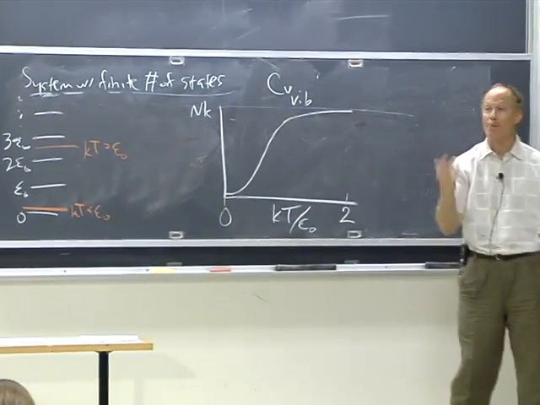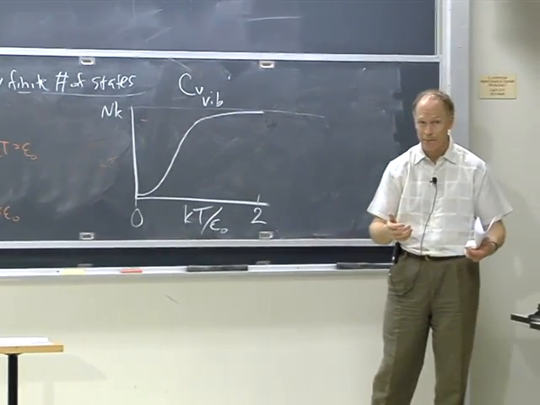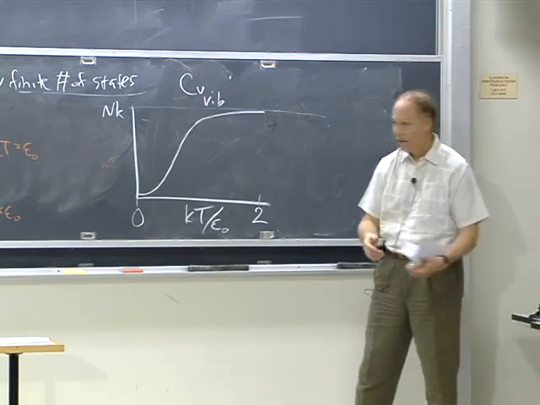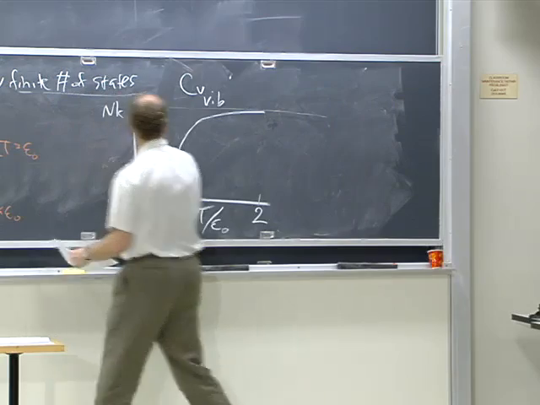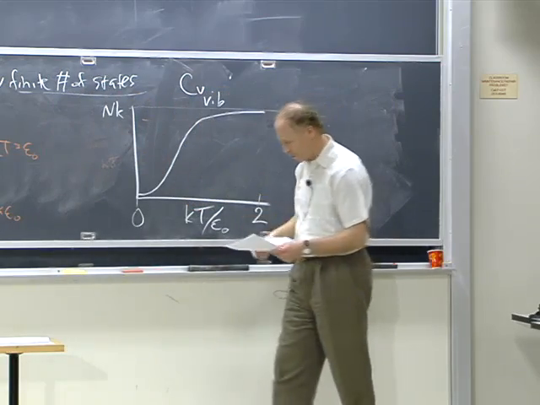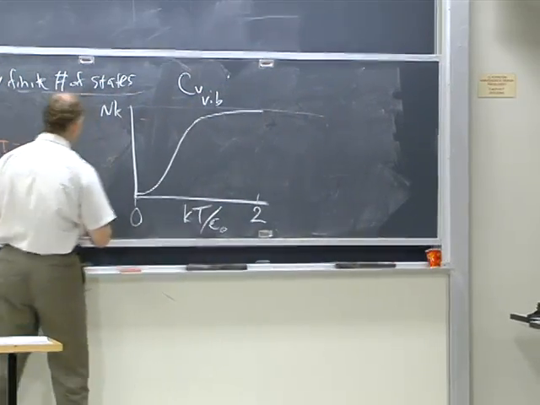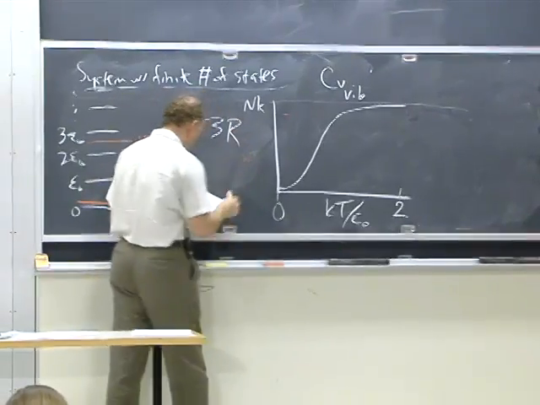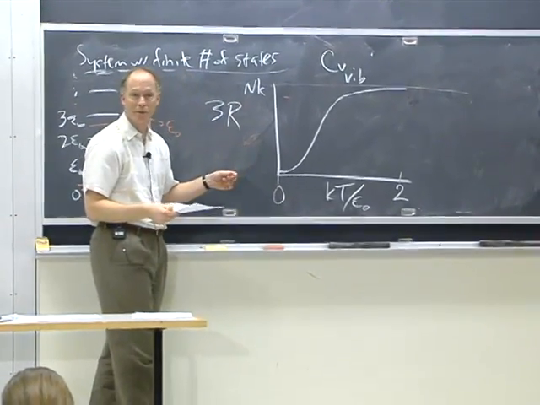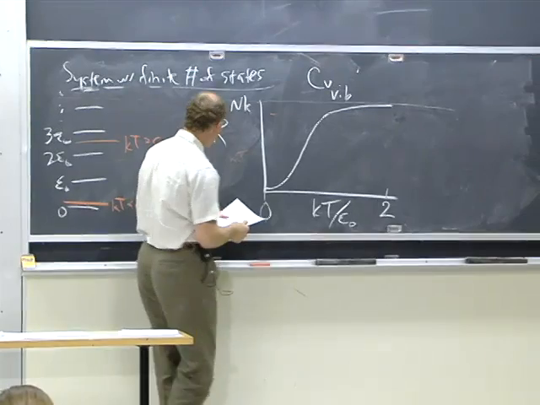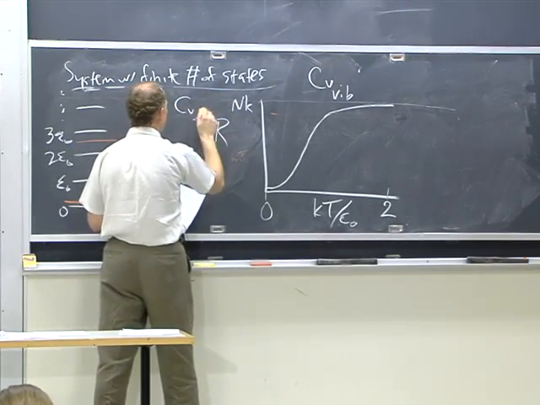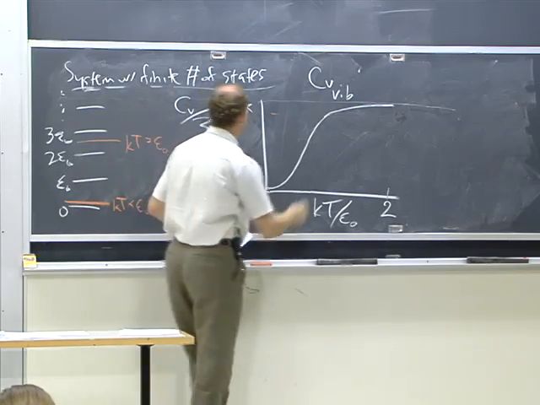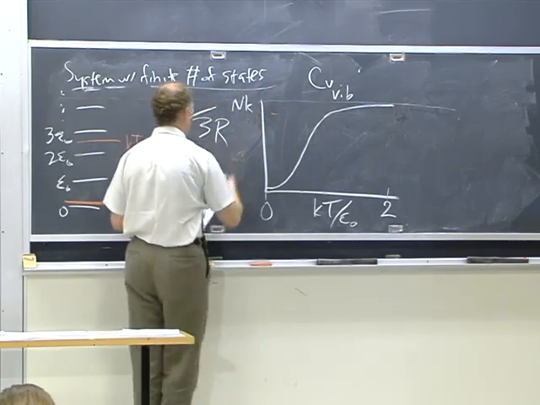That's how many vibrations the lattice has. So in fact, you have to multiply this by 3N. What would be seen is you'd have 3R, the gas constant, per mole, in other words. And if you looked at CV over 3R, then this value would be 1.